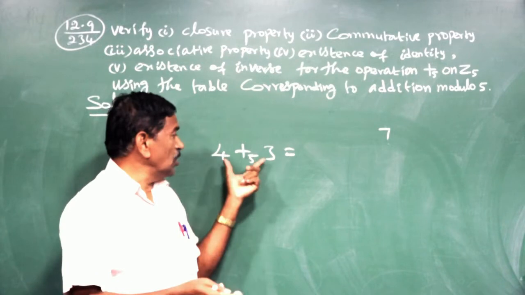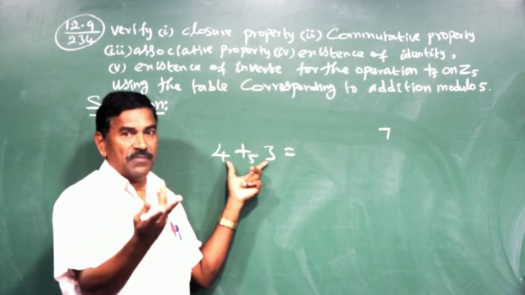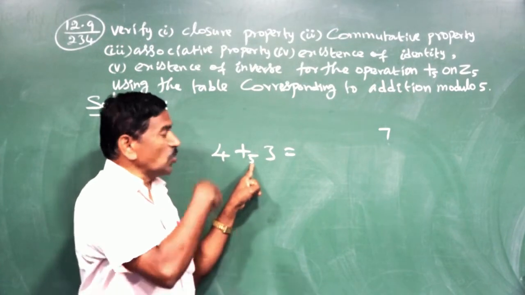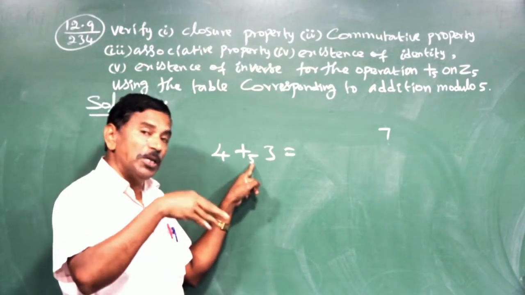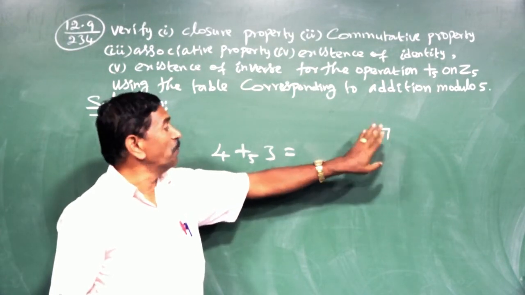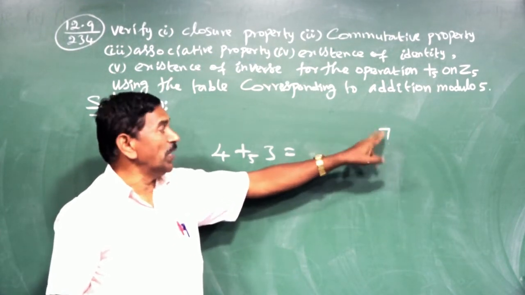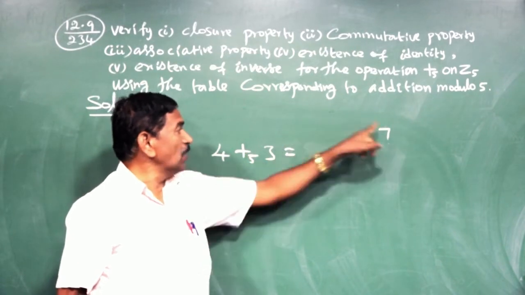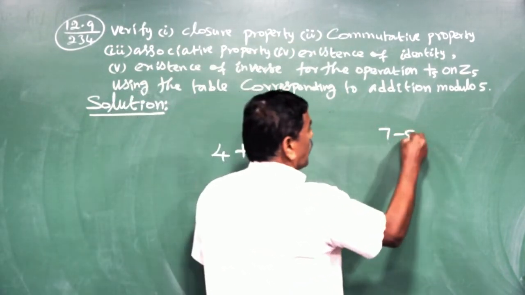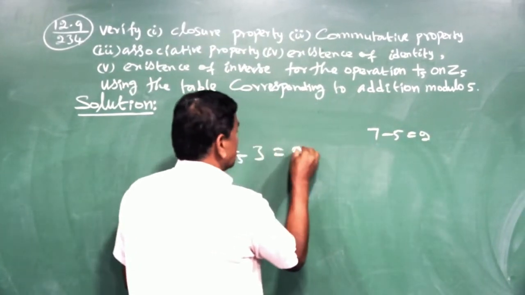Suppose your answer is less than 5, then it is itself the answer. Here 7 is more than 5, so I subtract 5 and multiples of 5. 5 is 1 time in 7, so 7 minus 5 is equal to 2. So 2 will be the answer, that's all.